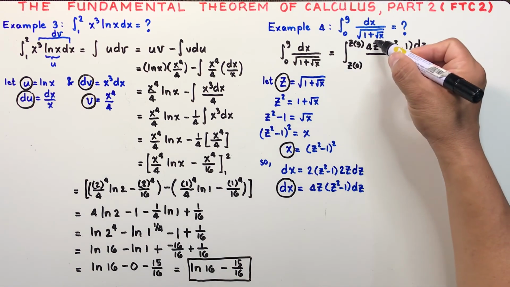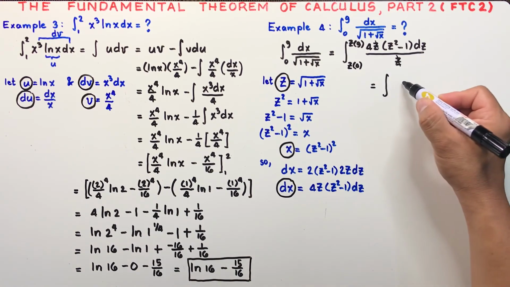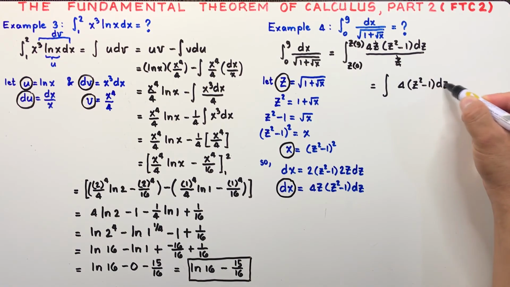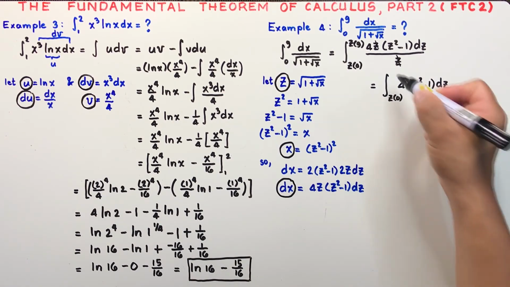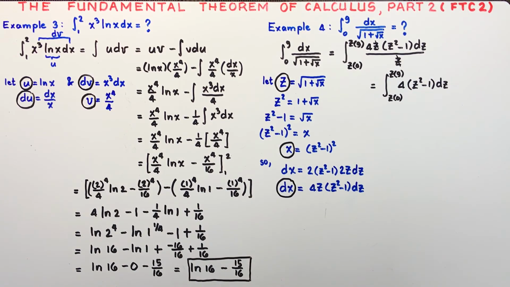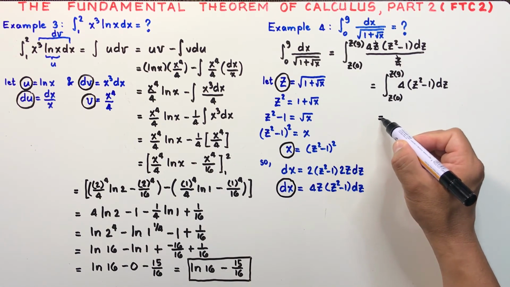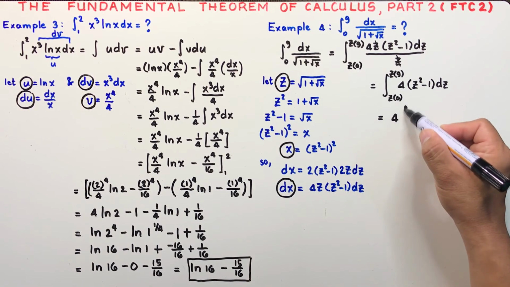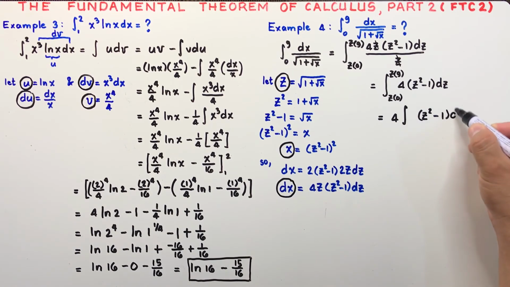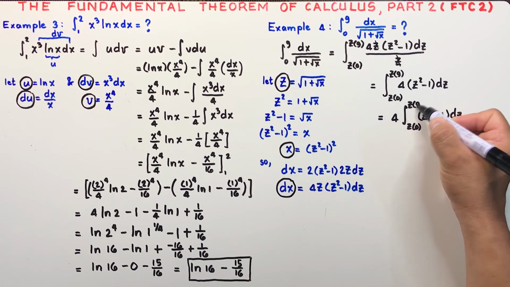So canceling this common factor, we have the integral of 4 times z squared minus 1 dz from z of 0 to z of 9, because there is a change of variable. Factoring out the constant 4, we have 4 times the integral of z squared minus 1 dz from z of 0 to z of 9.